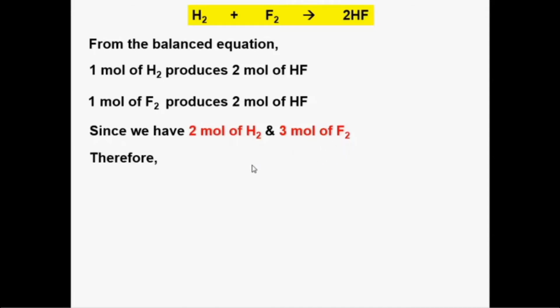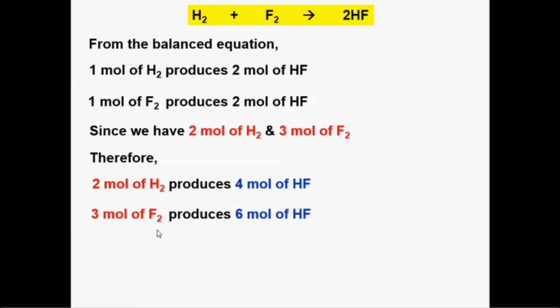So therefore, if we have 2 moles of hydrogen gas, it should produce 4 moles of hydrogen fluoride, while if we have 3 moles of fluorine, it should produce 6 moles of hydrogen fluoride. Comparing these two, we can clearly see hydrogen produces less HF, less product compared to fluorine.